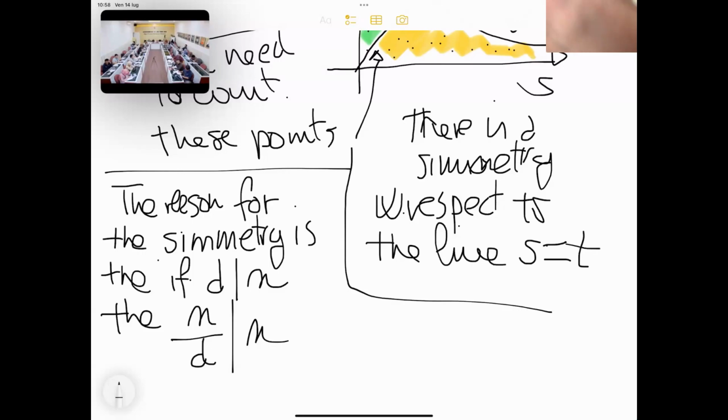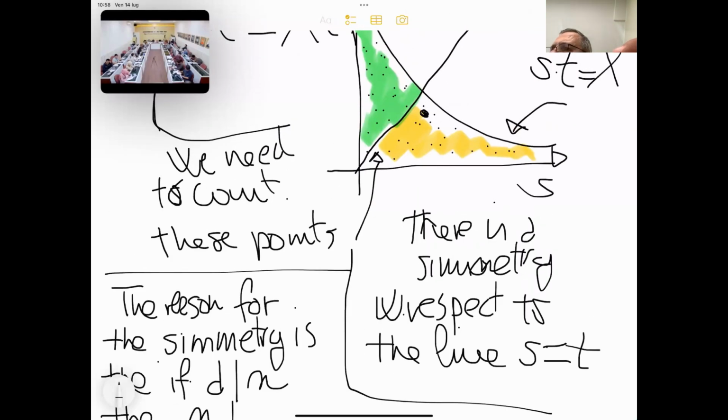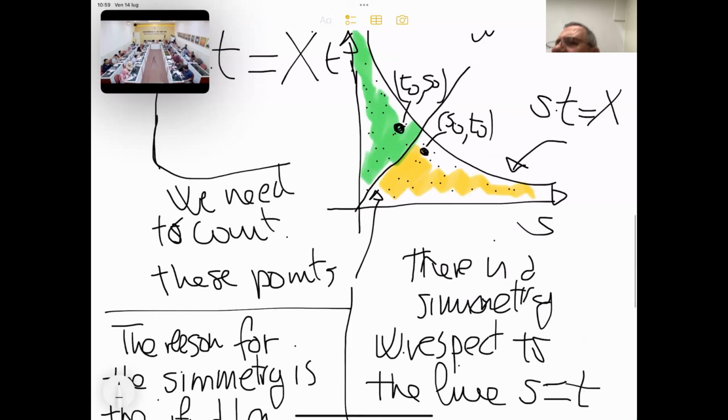So whenever I have a pair of points S0, T0 such that the product is less or equal than x, then I have another point here, which is the point T0, S0, which enjoys the same property, right? If S0 times T0 is less than x, then also T0 times S0 is less than x.